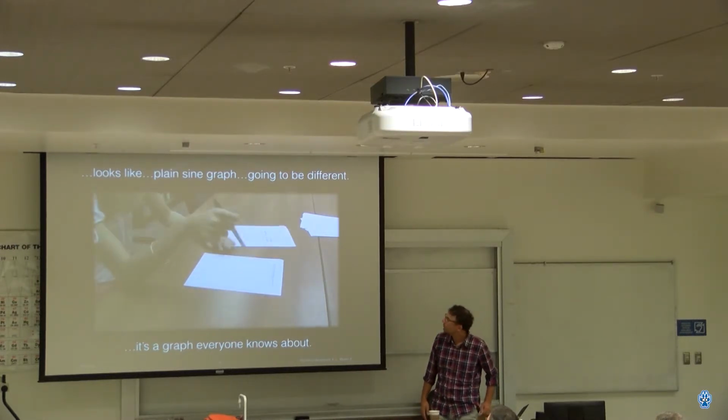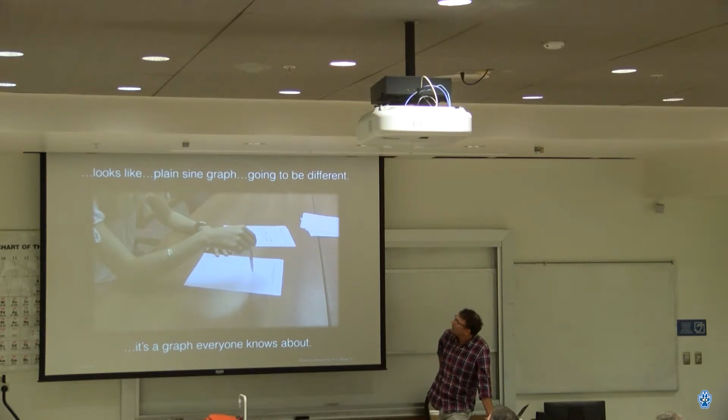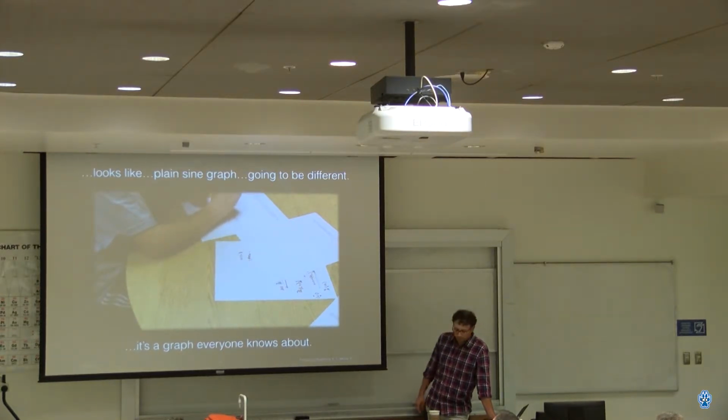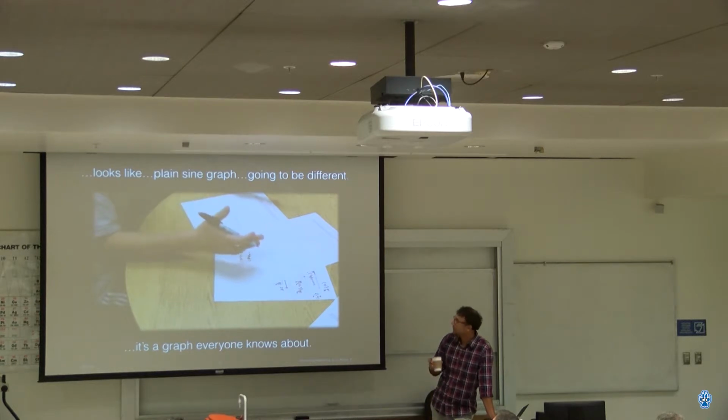I'm thinking this just kind of looks like sine graph, like the plain sine graph, which is going to be different. Feel like he's missing the whole concept of a graph. Just say a little bit more.